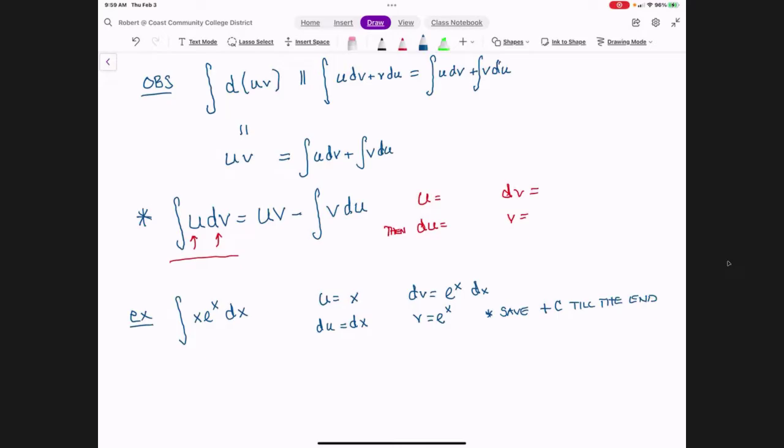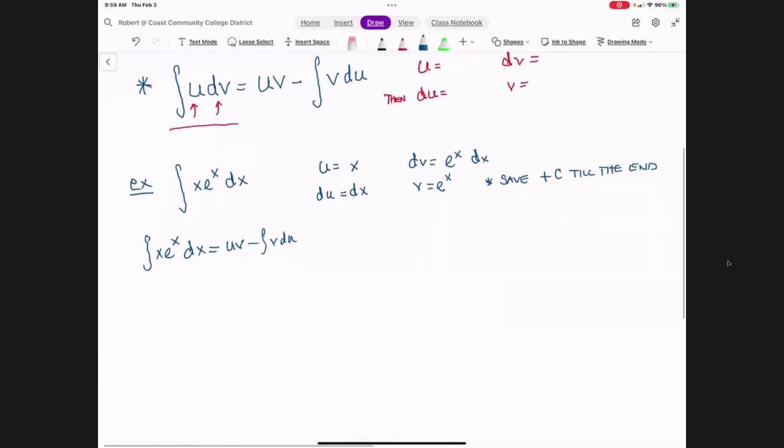Okay, so our integral of x e to the x dx equals uv minus the integral of v du. So that's equal to u v minus the integral of v du.